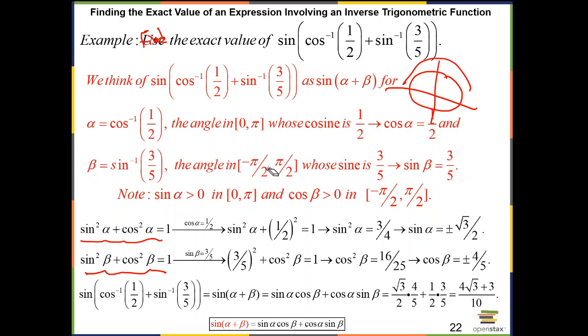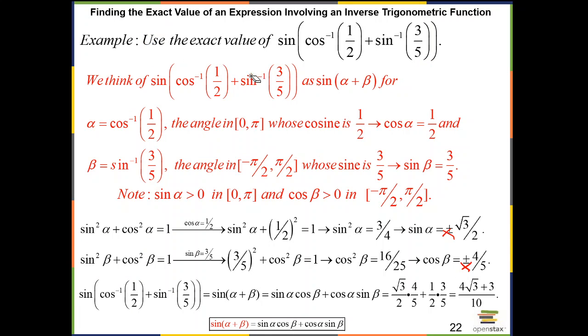Beta is in this area right here, and we know cosine is positive here. So we pick the positive value for cosine as well. So in both cases, we pick the positive value. And then we put it here, including the two numbers that we have, 1/2 and 3/5, and we multiply and we get that. Okay? So that's how we deal with that.